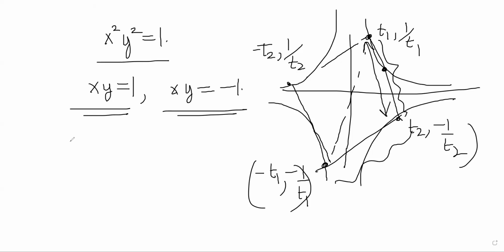Okay, let's look at another problem. Question number 3. It says, consider hyperbola H, which is x square minus 2y square equals 4.